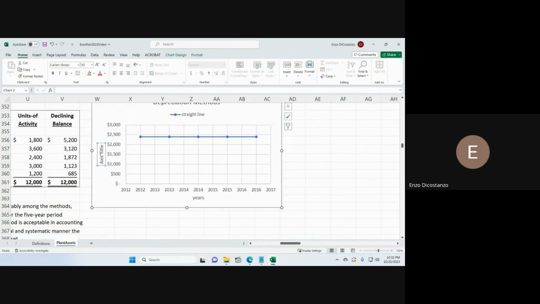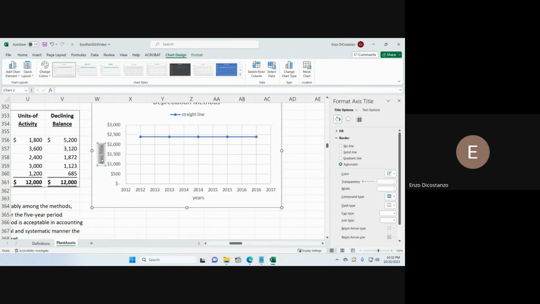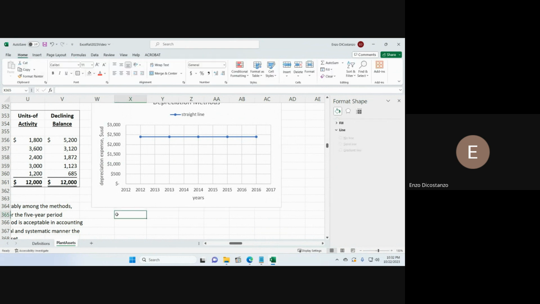This is depreciation expense, US dollars. Okay.